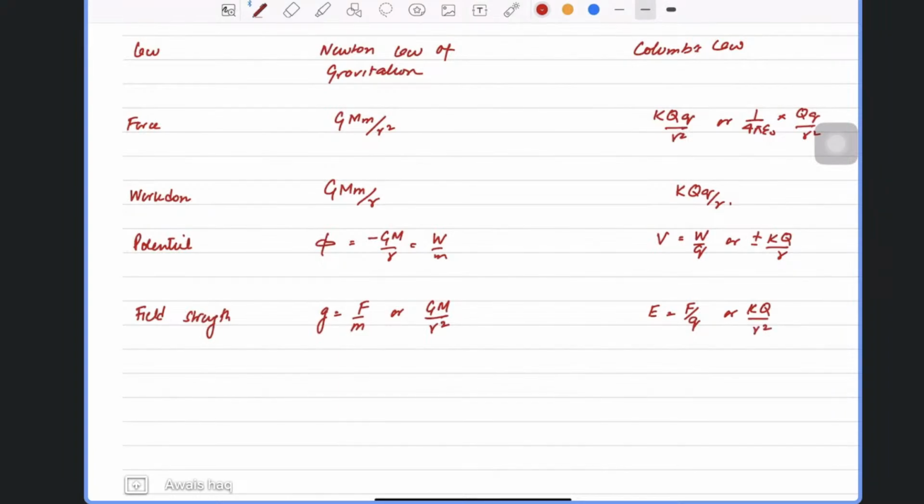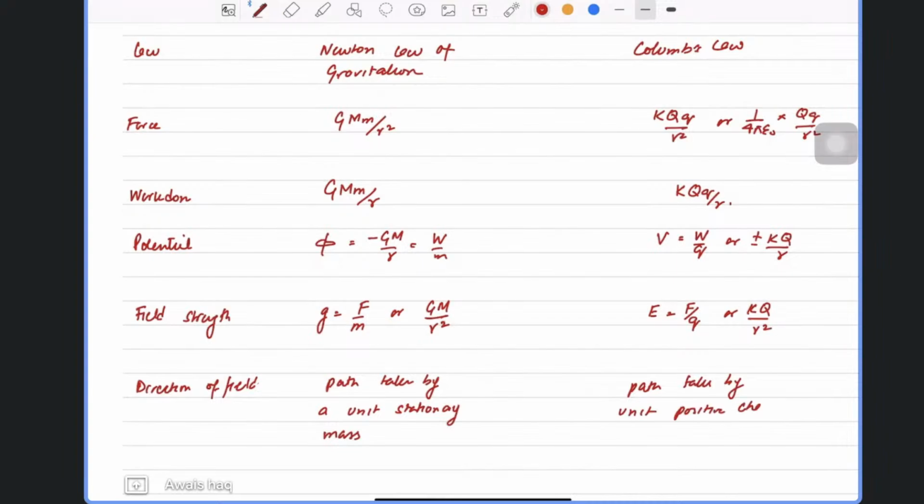And finally, direction of field, what determines that? The direction of field is determined by the path taken by a unit stationary mass. And in this one, it is the path taken by a unit positive charge that is stationary. All right, so that is what you should remember.